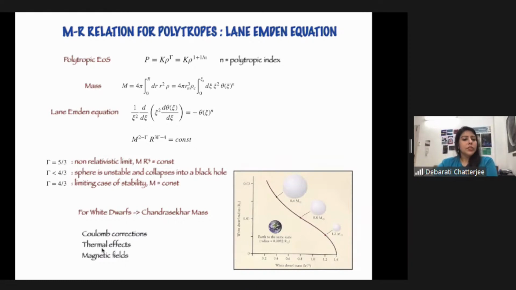Finally, magnetic fields can actually have a very strong effect. I'm not going into too much detail, but I have personally worked on this for quite some time. There are discoveries of super-Chandrasekhar white dwarfs, which can have large masses. It was thought that probably it is the magnetic field that supports these super-Chandrasekhar white dwarfs.